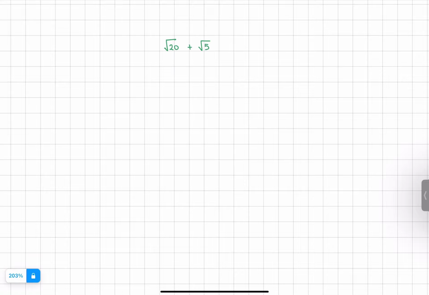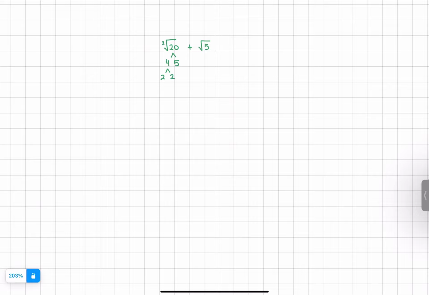Well, you're probably thinking that you can't add these because they don't have the same number on the inside. Well, root 20 can be simplified further, but root 5 cannot because it's a prime number. So let's try simplifying this root 20. So 4 times 5 is 20, and then 2 times 2 is 4.